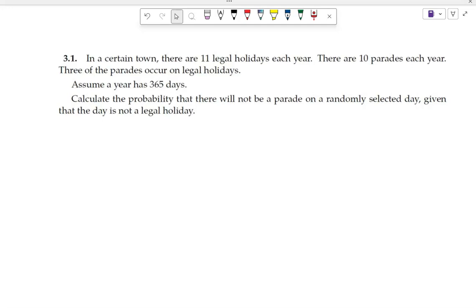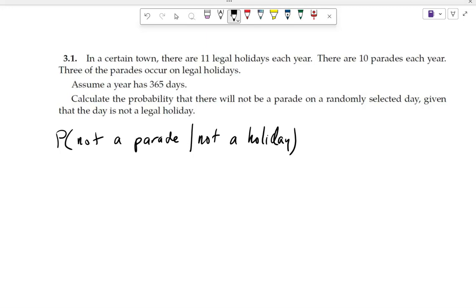So we want probability of not a parade given not a holiday. Let's write it out in words rather than trying to come up with letters to represent the different pieces. Probably just as easy here to do it this way.